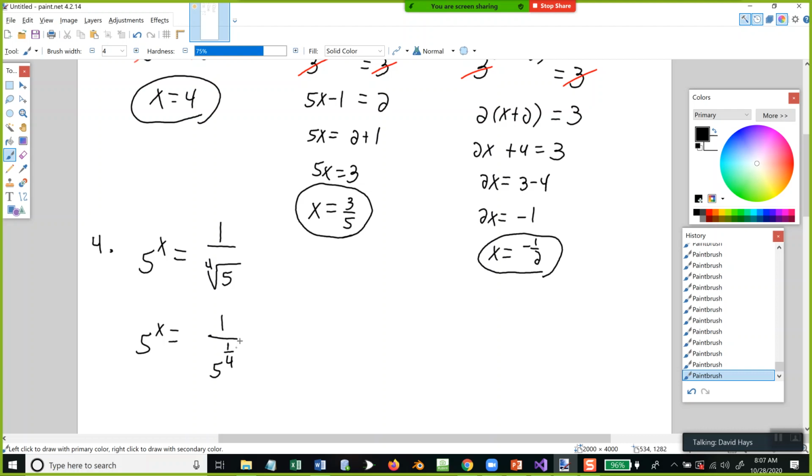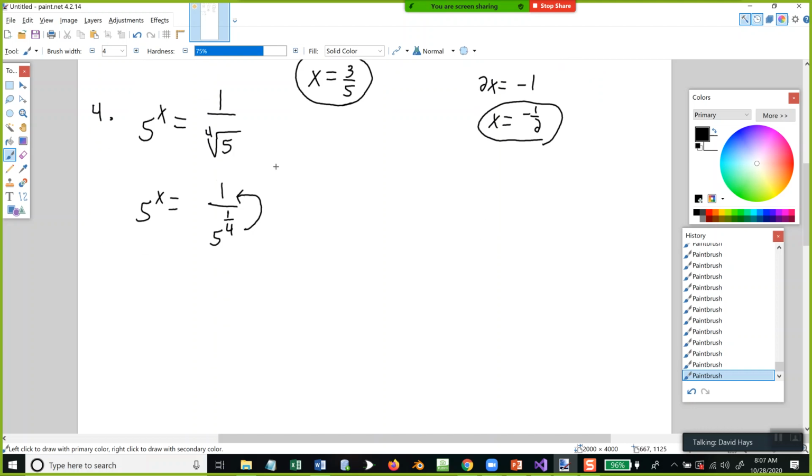Now once I get rid of the radical, I notice that they're really close, and both 5 to a power, except this is trapped in the denominator. Well, we can move that up on top. We saw that before. You move anything opposite where it's at in the fraction, the sign of the exponent changes. So the 5 to the positive 1/4 becomes 5 to the negative 1/4.